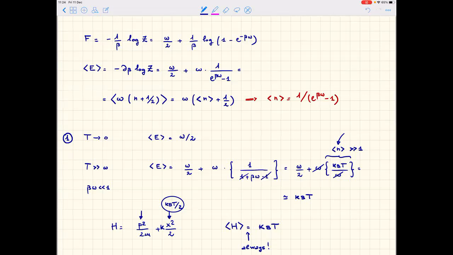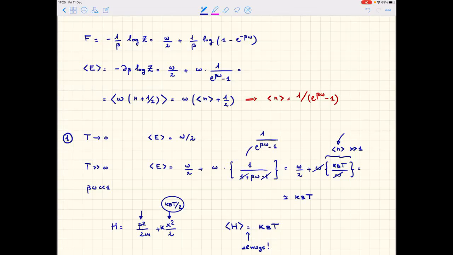Can you repeat the explanation, please? Which explanation? About the limit of T greater than omega. Well, in the limit of T greater than omega, you see, here I would have 1 over e to the beta omega minus 1. When T is much larger than omega, then beta omega is much smaller than 1.